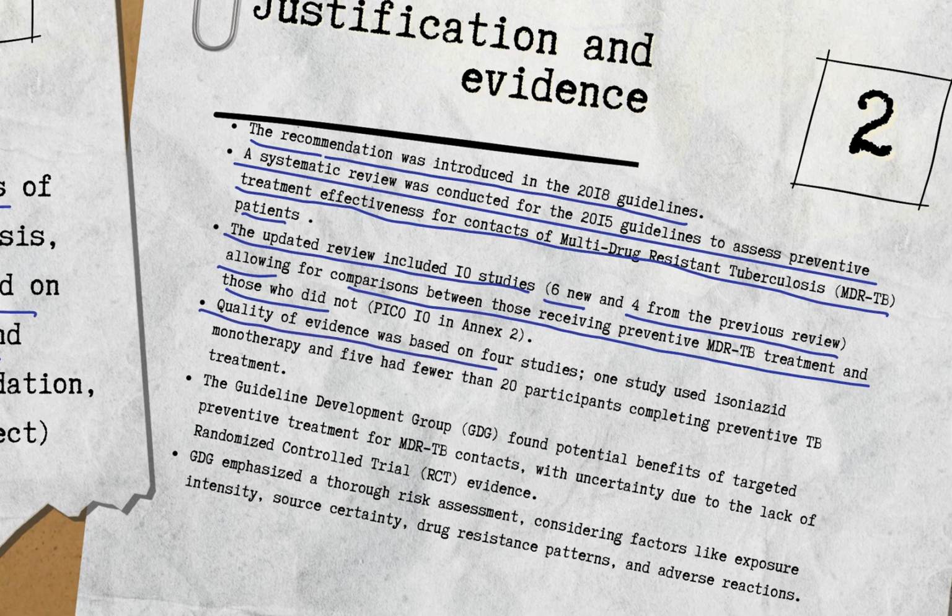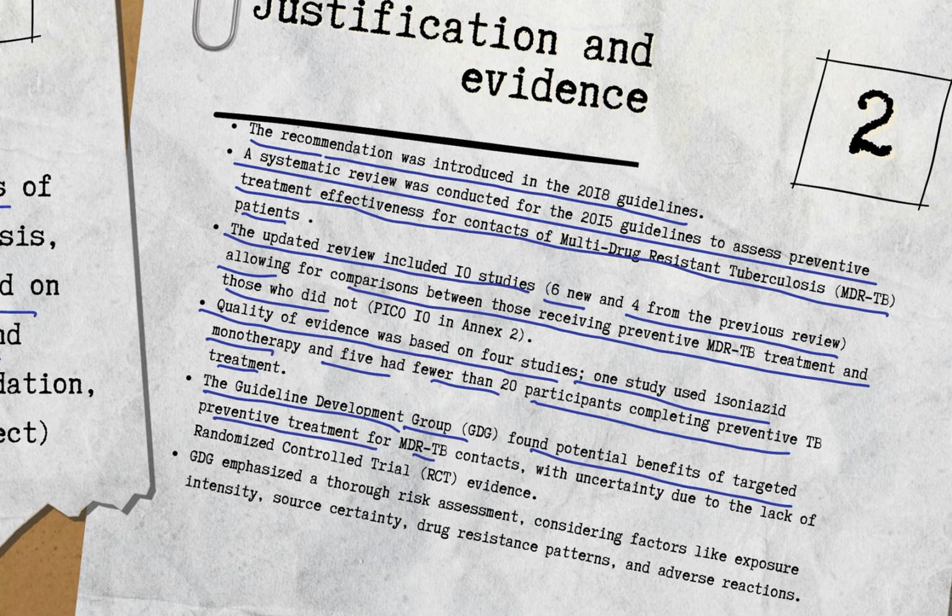Quality of evidence was based on 4 studies. One study used isoniazid monotherapy and 5 had fewer than 20 participants completing a preventive TB treatment. The guideline development group found potential benefits of targeted preventive treatment for the MDR-TB context, with uncertainty due to lack of randomized controlled trial evidence.